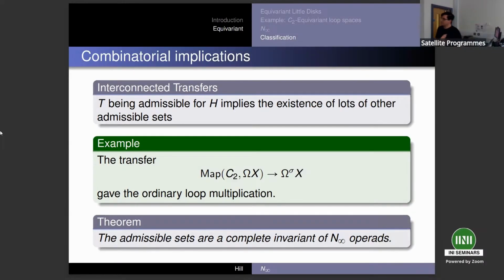Okay. So what I haven't used, but I've said in words a few times, is that the property of fixed points being non-empty is a family condition. So that gives me a bunch of constraints on admissibility in its own right. If a set is admissible for H, then the restriction to anything is admissible, because that's just passage to smaller subgroups.